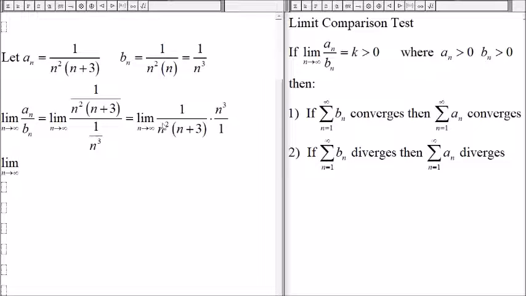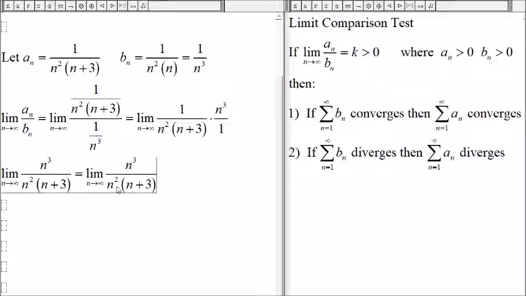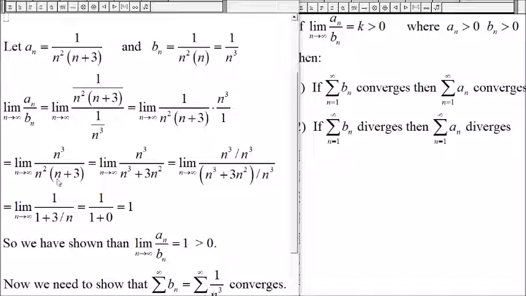And so now we have n to the third divided by n squared times n plus 3. Now n squared times n is n to the third, and n squared times 3 is 3n squared.